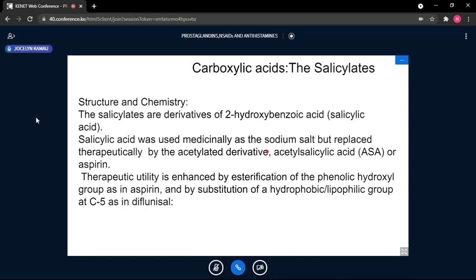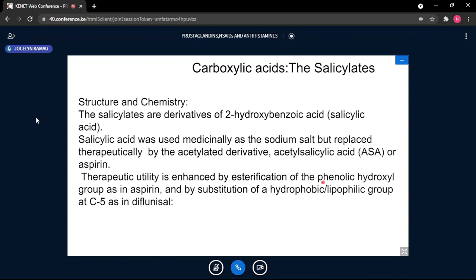Salicylic acid was used medicinally as a sodium salt, but replaced therapeutically by the acetylated derivative acetylsalicylic acid, or aspirin. Therapeutic utility is enhanced by acetylation. Why was it replaced? One, salicylic acid has a bad taste.